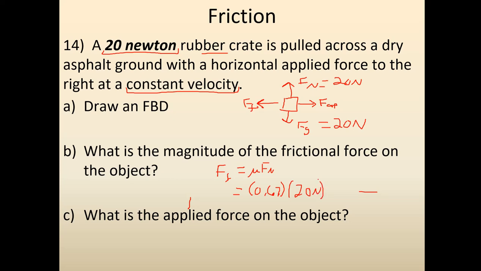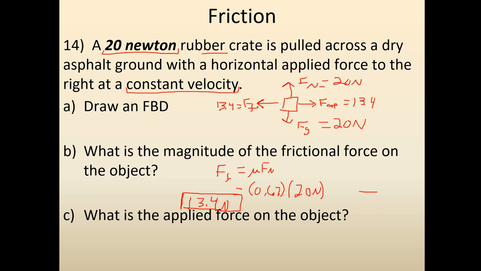So when I plug that all in, I end up getting a frictional force of 13.4 newtons. And again, because of the constant velocity phrase, if the frictional force is 13.4, then the applied force is 13.4.